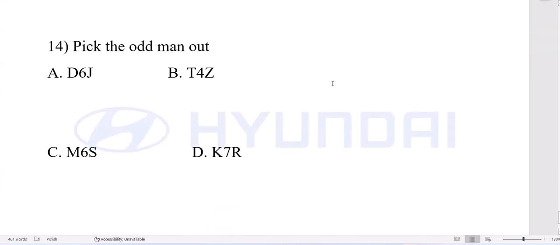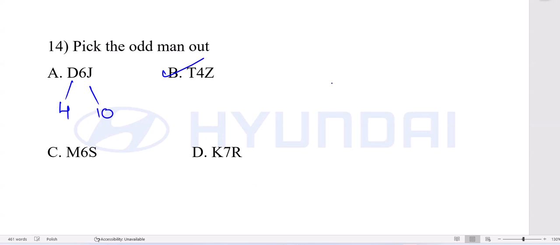Yes, there is one more question. Pick the odd man out. A, B. So D is 4, J is 10.